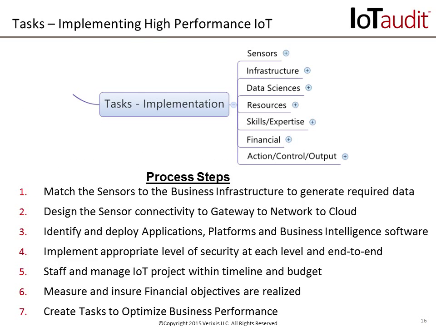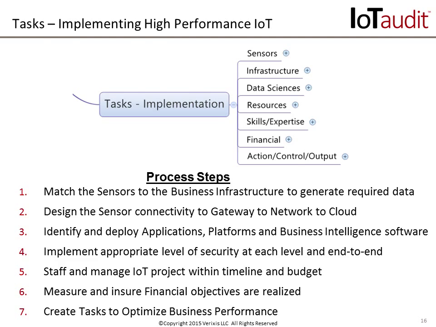So as we look at the breakout now of the task implementation, you can see the process steps, again, map to the architecture of the reference model. First, you're going to match the sensors to the business infrastructure to generate the required data. You're going to design the sensor connectivity to the gateway. Most likely might be wireless, but it could be wired. Then the gateway connectivity to the cloud.